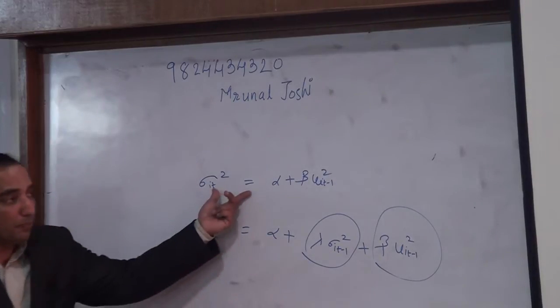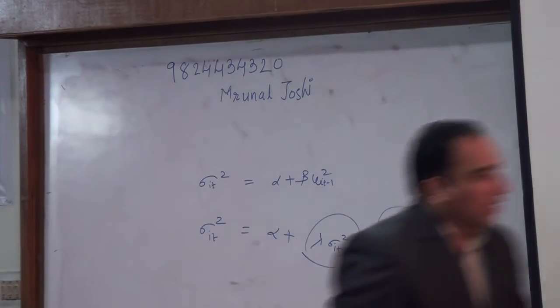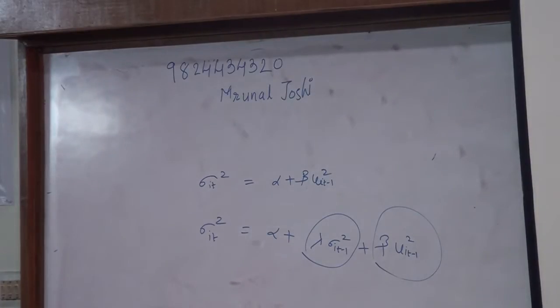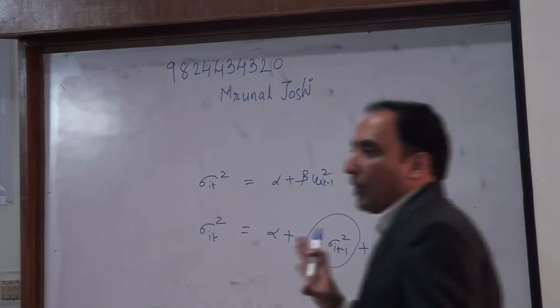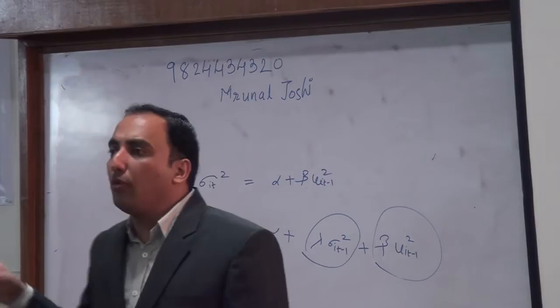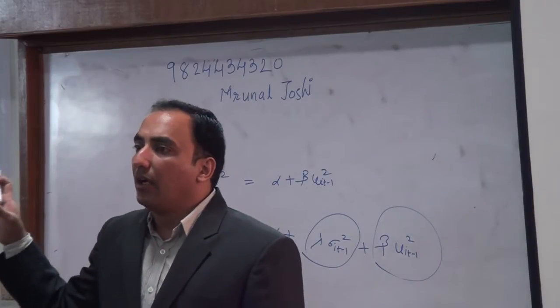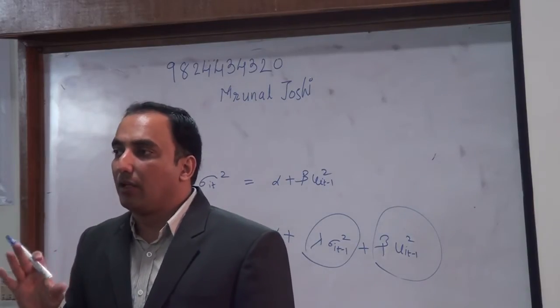In the mean models, we are telling that there is some problem in my mean. My mean is related to my past mean. Autoregression: Y is related to its past Y. Somewhat similar to what we did in dynamic panel. But in dynamic panel we assume that there is not perfect correlation, so Y is not equal to alpha plus 1 into Y(t minus 1).